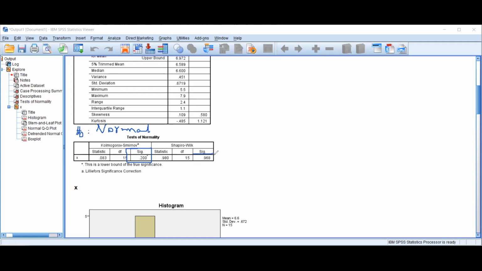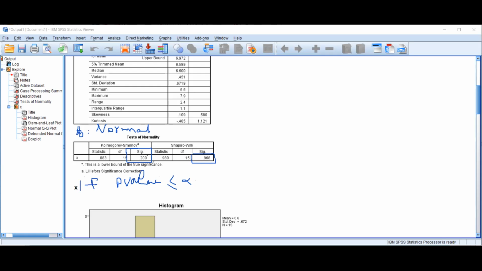Wherever you see the sig value in SPSS, it is the p-value. This is the p-value of the Shapiro test. This is the p-value of the Kolmogorov test. And our conclusion will be what? If p-value is less than or equal to alpha, then reject H naught.